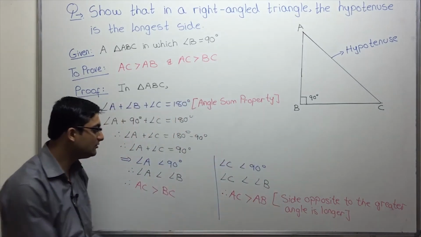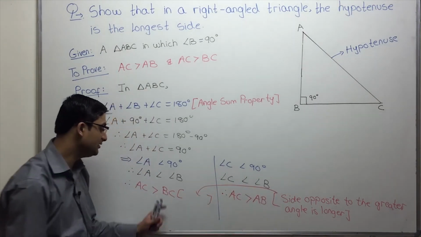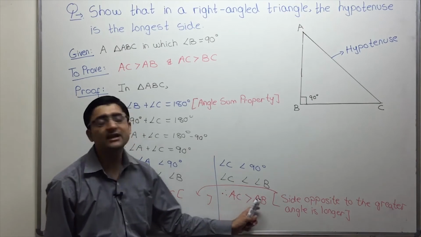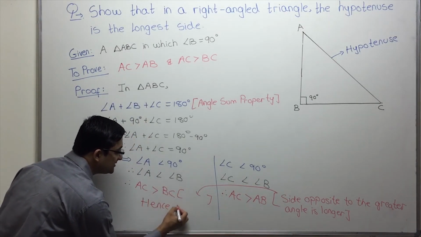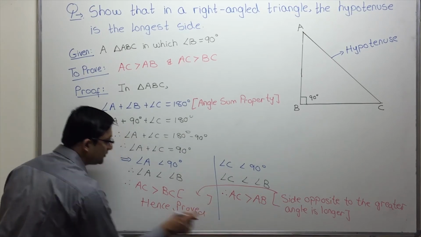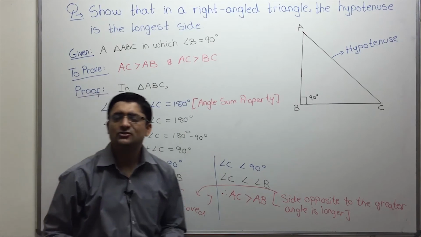Copy the same reason over here. Here I don't have space, so you can write the same reason over here. So AC is greater than BC and AC is greater than AB. So hence proved. This is exactly what we had to prove. So this is how you show it.